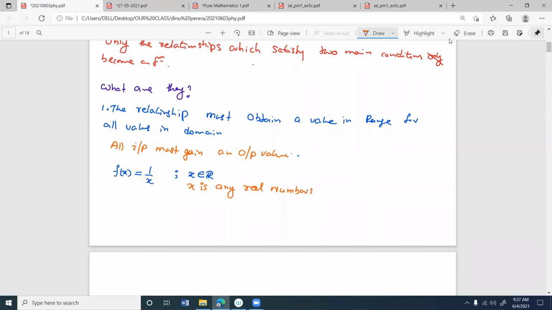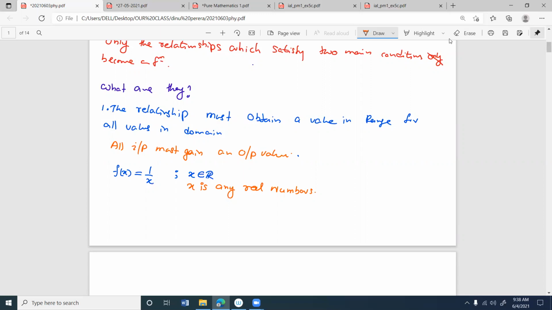What are the real numbers? 1, 2, 3, 4, -5, -6, -7, 0, half, 1/3, -1/2, -1/3, -5/3, like that. Whatever values there are come under the real numbers.